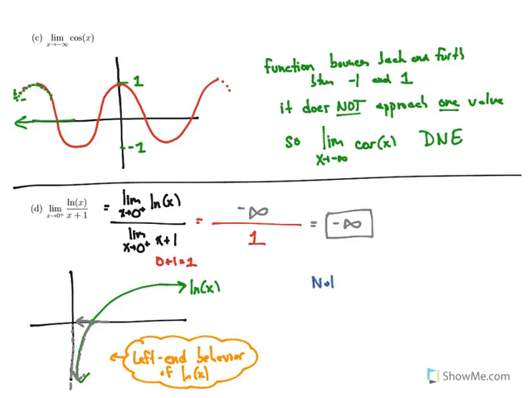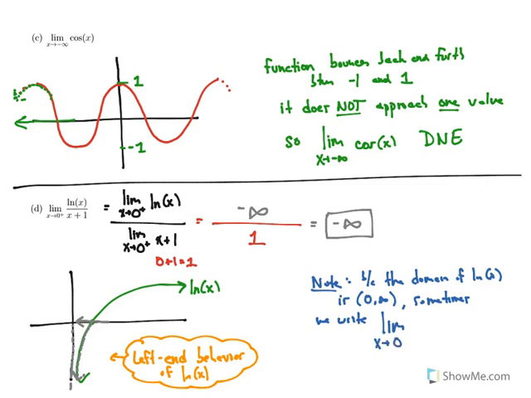One last note. Because the domain of natural log is 0 to infinity, sometimes we write just the limit as x approaches 0 of natural log to mean just the right-hand limit.